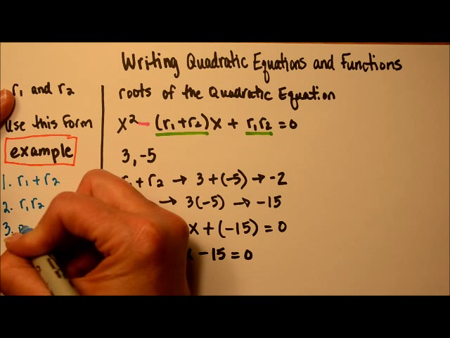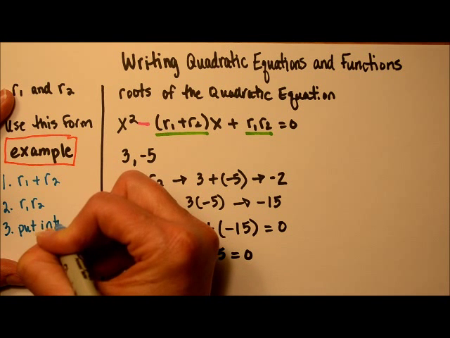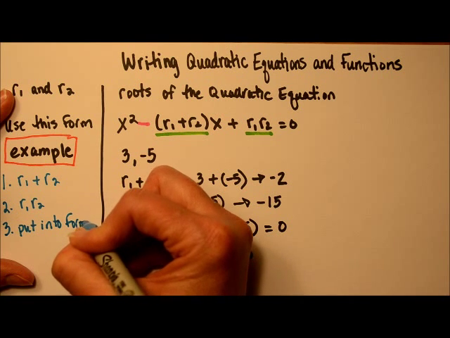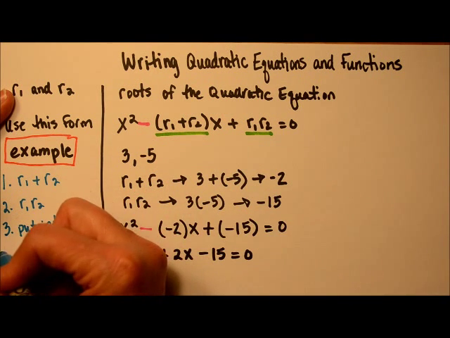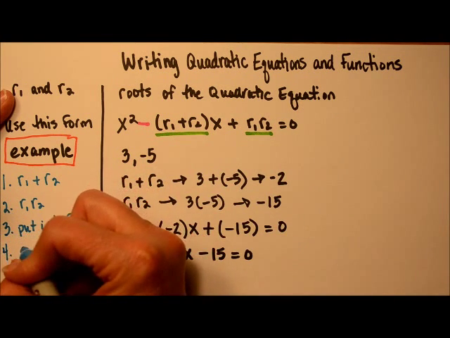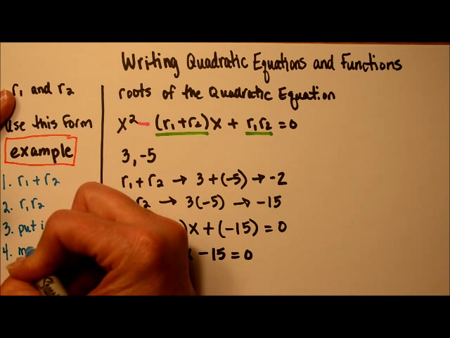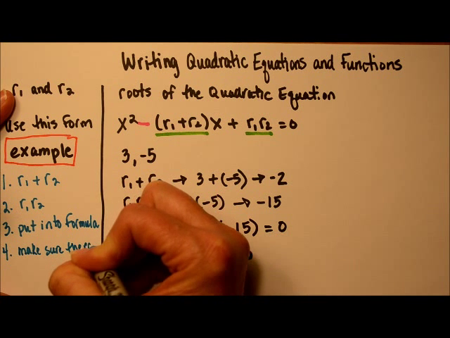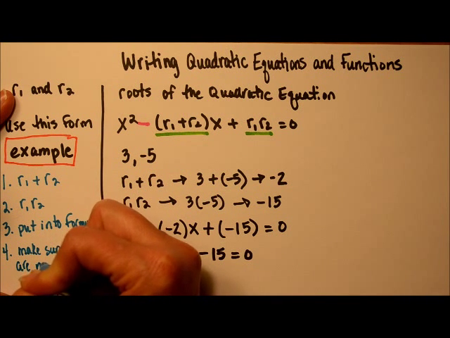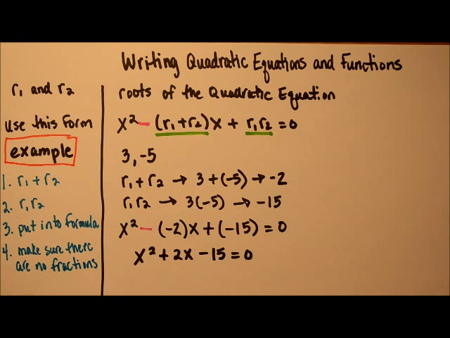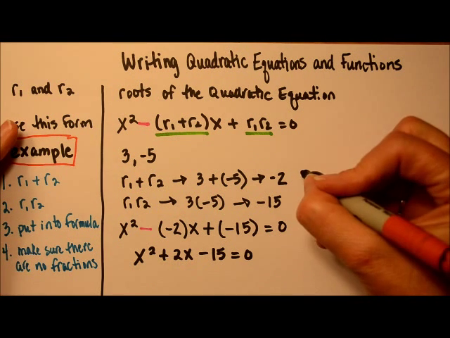Step 3 is put into the formula, and make sure there are no fractions. Make sure there's no fractions. That's kind of what we're looking for there. All right, so that was a pretty simple one.